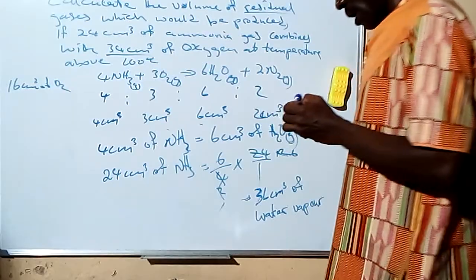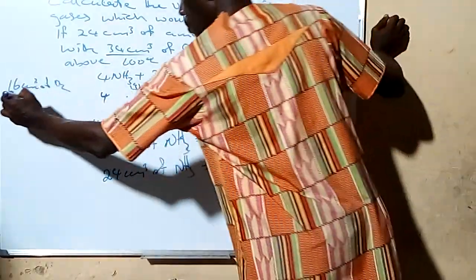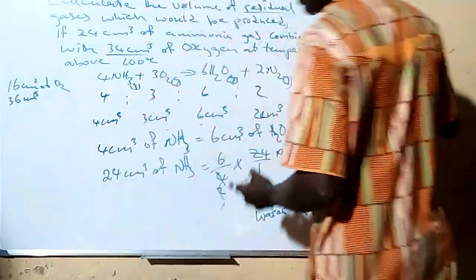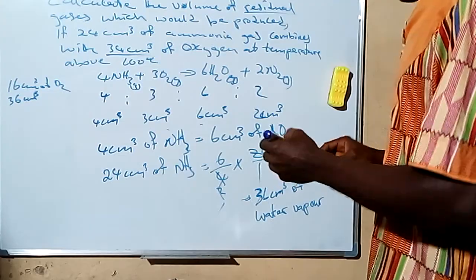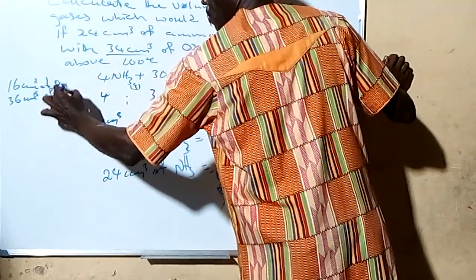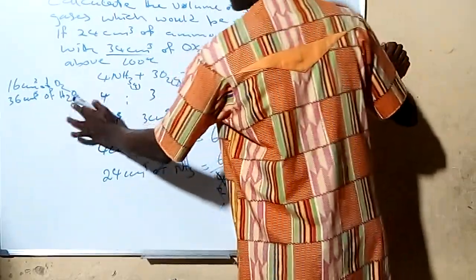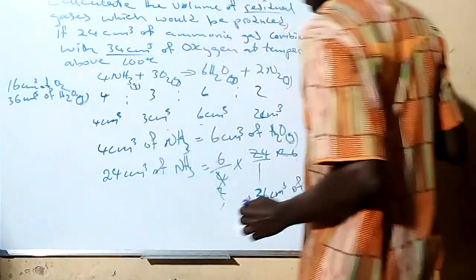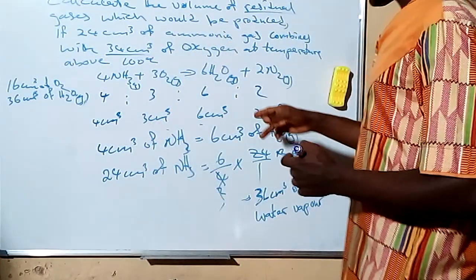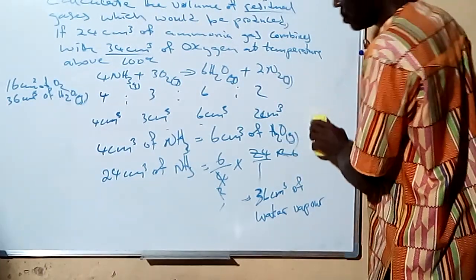This water vapor volume is also part of the gas we are looking for, because it is the gas that will remain after the chemical reaction. The next one we're expecting to get is nitrogen.